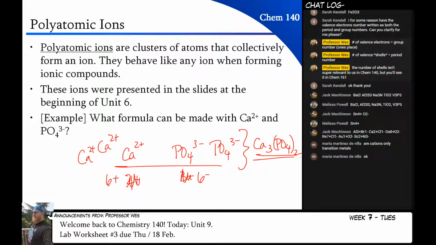In other words, you're doing this exactly the same way as all of your other ions. You just have to look up what the polyatomic ion is for its charge. Now, I might be tricky. Instead of writing the formula, I could instead have written the word phosphate, and then you'd have to go look it up. So having these handy on that slide, or having them memorized, will help you out a lot for the questions that are coming up.